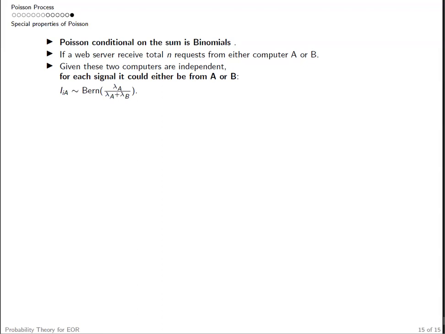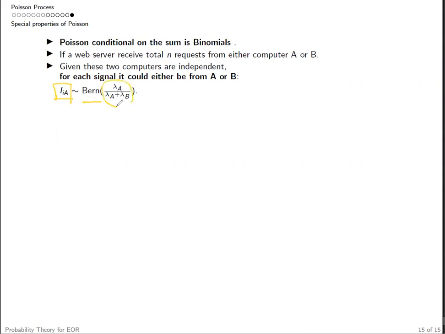Because computers A and B are independent, it apparently follows the Bernoulli distribution.